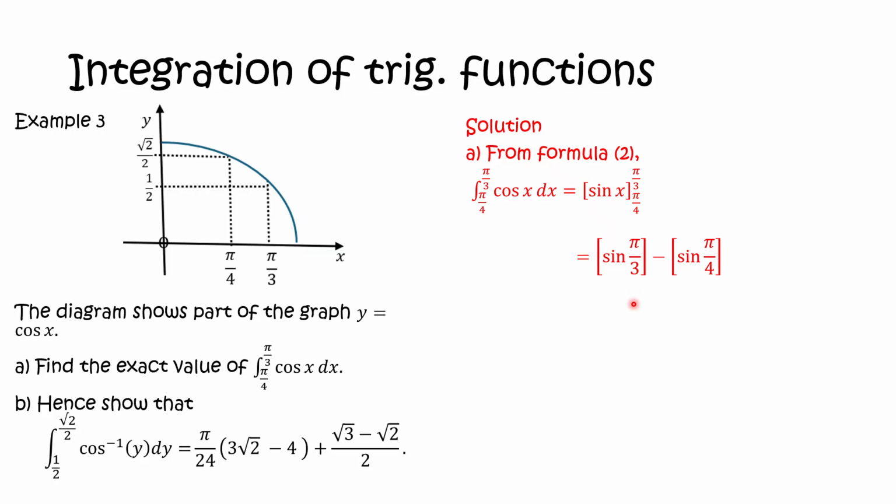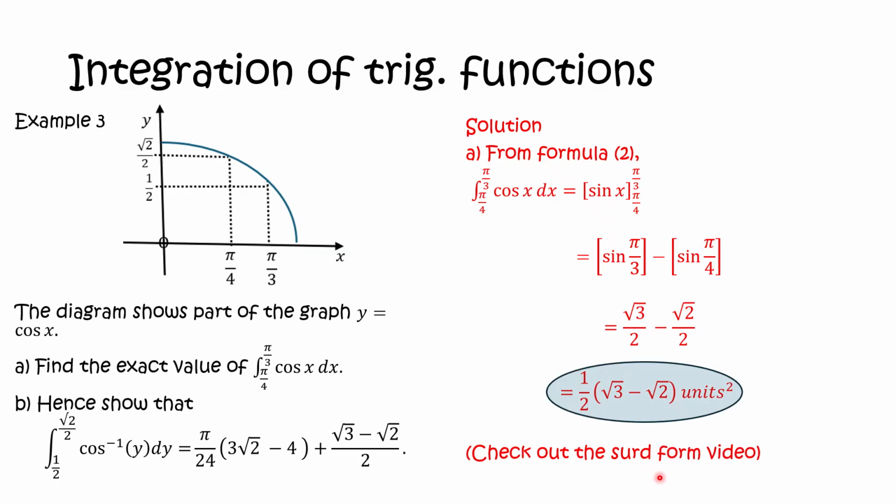Remember, we substitute with the upper limit first, then subtract what we would get when we substitute with the lower limit, so that we get to the stage where we have root 3 over 2 minus root 2 over 2. Of course, we can further simplify this to have 1/2 times root 3 minus root 2 square units. And that is the exact answer, the exact value that we are required to leave that answer in.